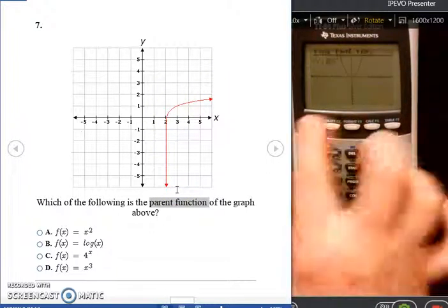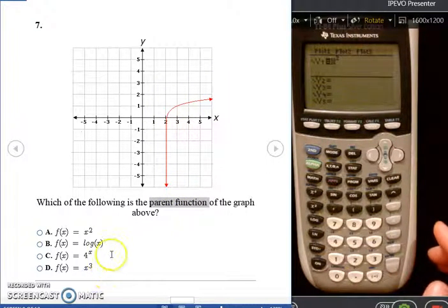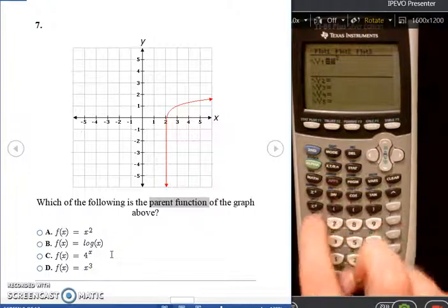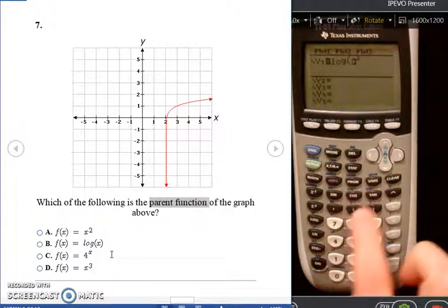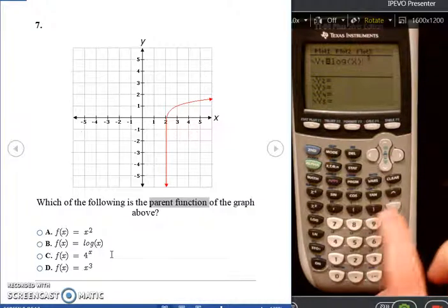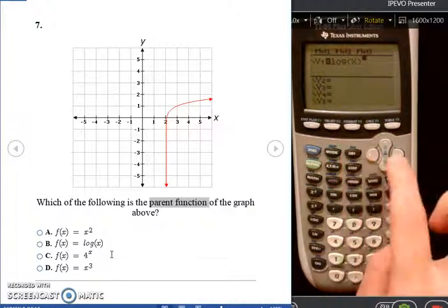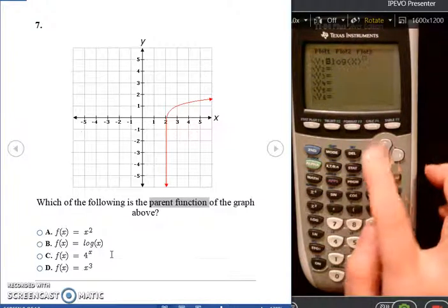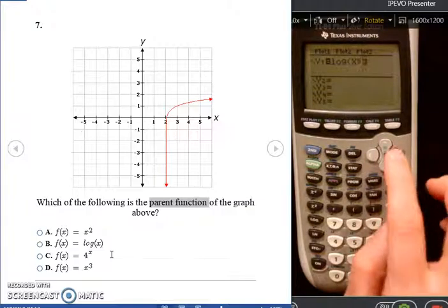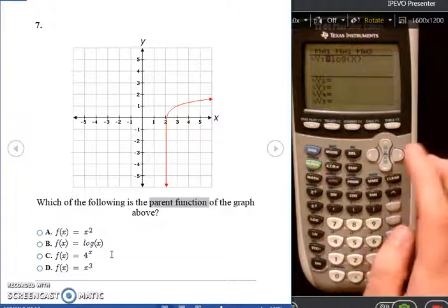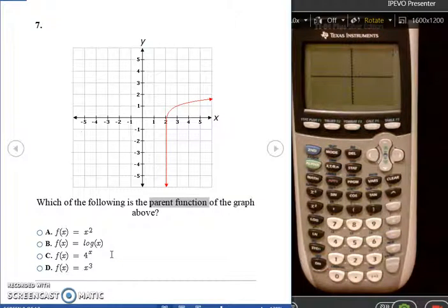So I go back to y1 and try choice B, which is log of x. I press log x and parenthesis, and I still have stuff here that I need to delete out. I should have pressed clear at the beginning. Then I go ahead and press graph. And here, that one kind of looks like it.